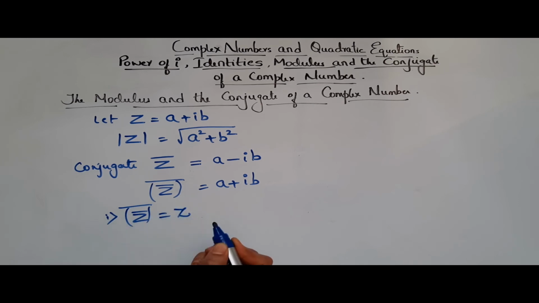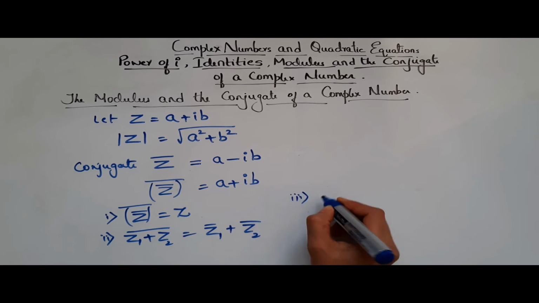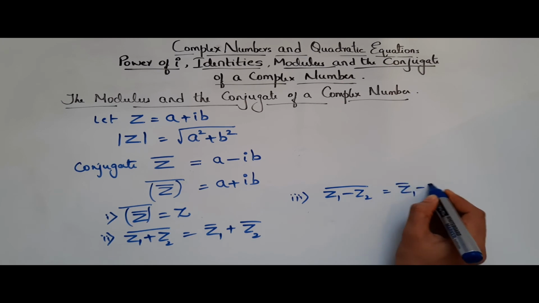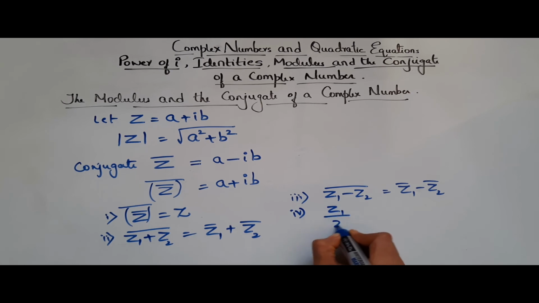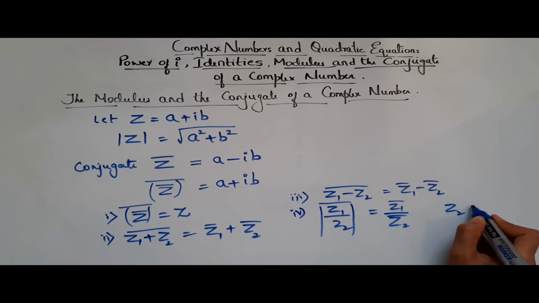So therefore we can say the conjugate of z bar is z. Similarly we can say (z1 + z2) bar is equal to z1 bar + z2 bar. These both will give you the same answer. Similarly we have some more properties. (z1 - z2) bar is equal to z1 bar - z2 bar, and also (z1/z2) bar is equal to z1 bar / z2 bar, provided z2 is not equal to 0.